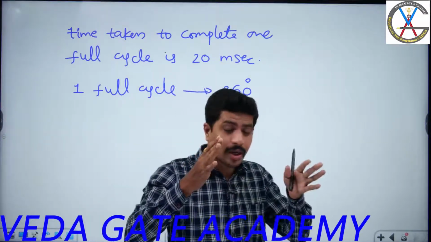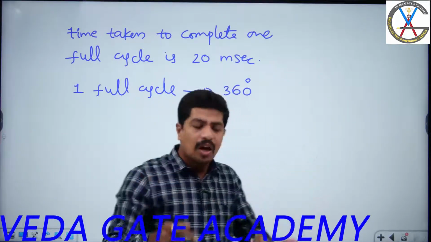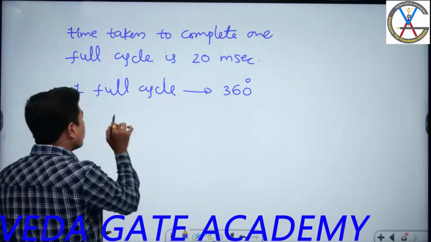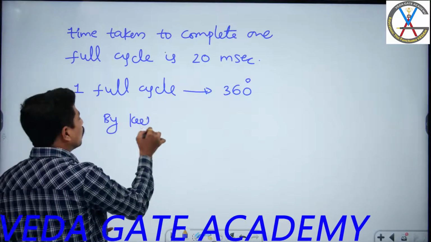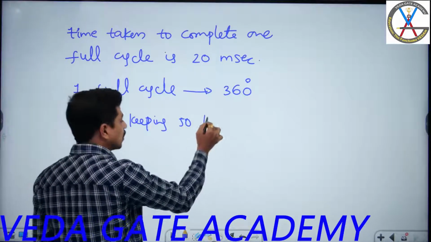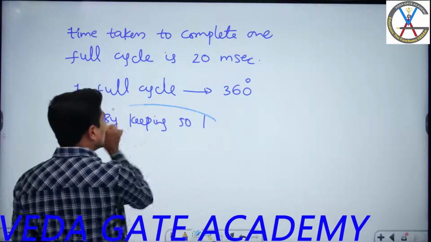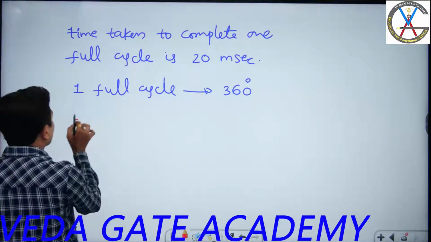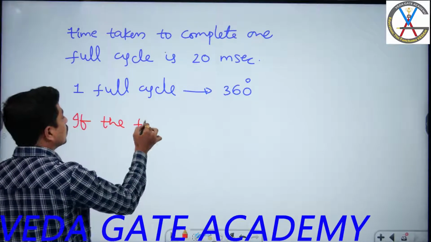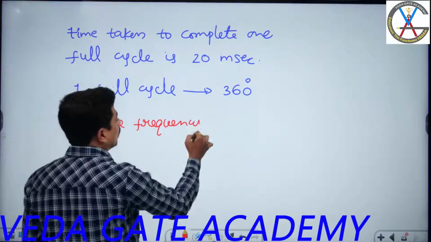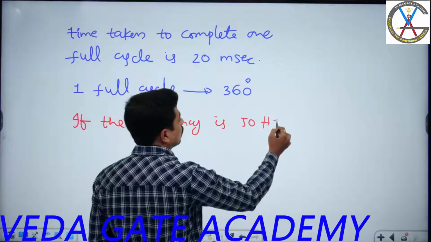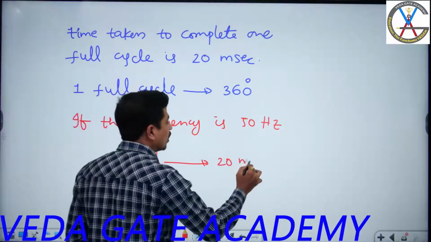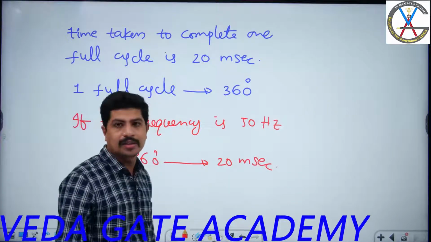Keeping that in mind, if the frequency is 50 hertz, one full cycle means 360 degrees or 20 milliseconds. 360 degrees means how many milliseconds? 20 milliseconds.